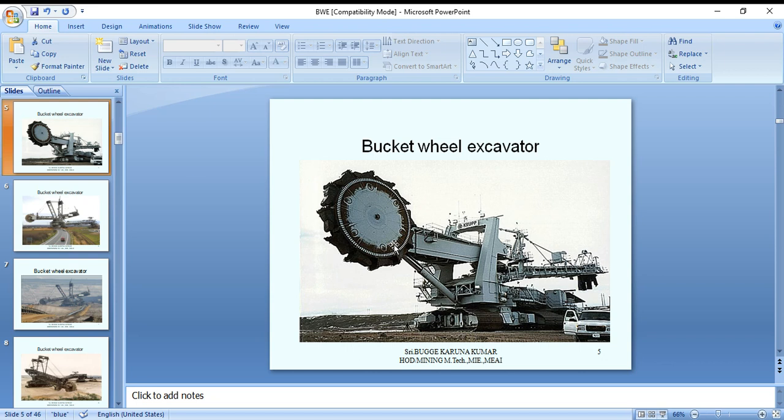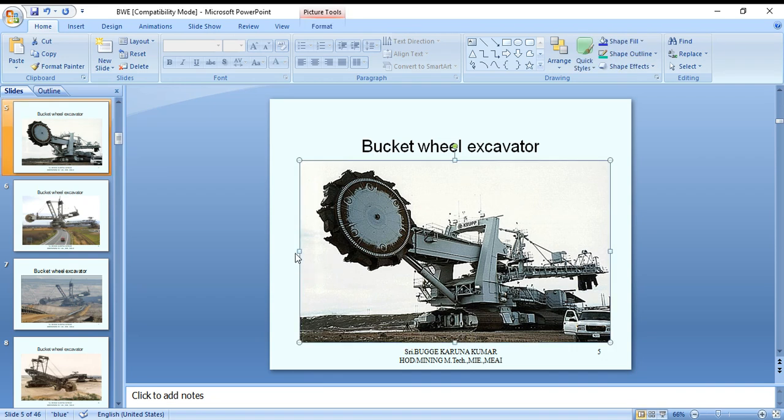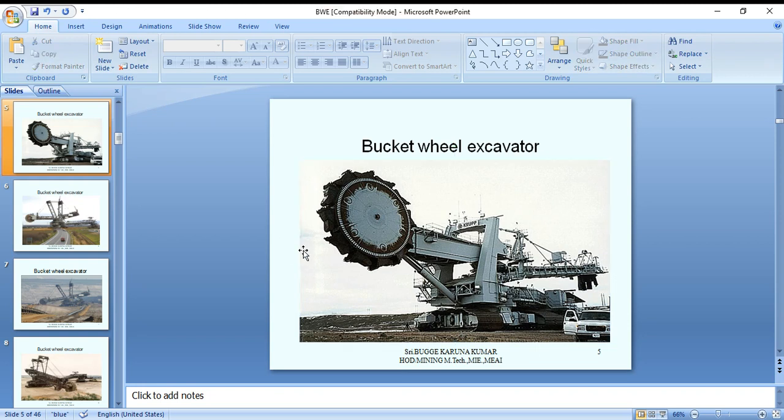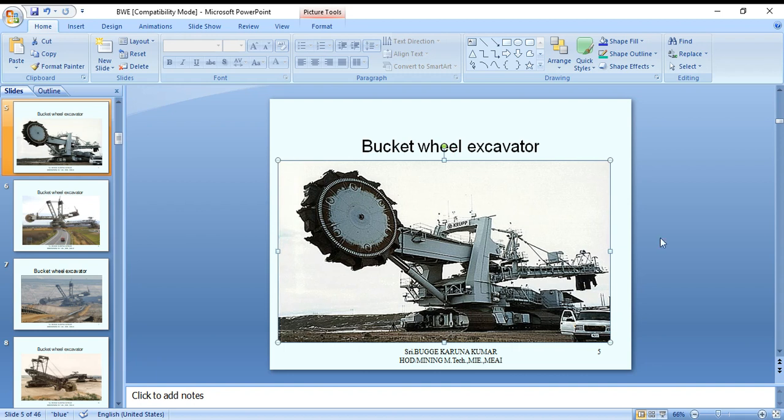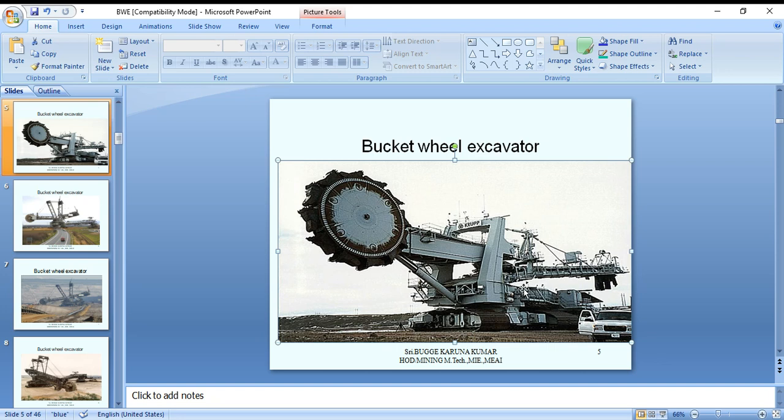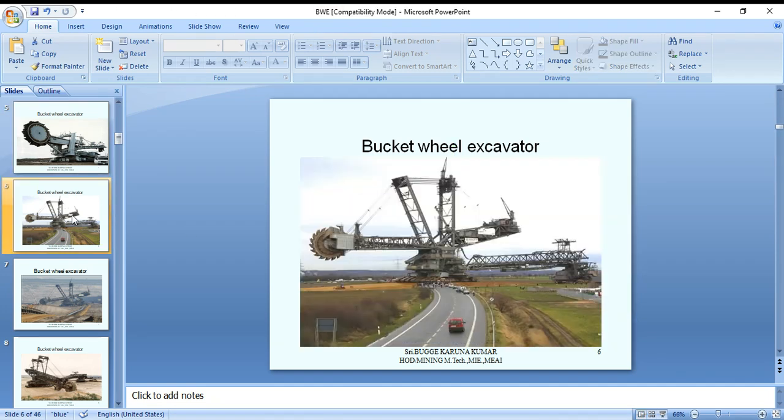See some more pictures in the coming slides. This is the surface arrangement and the most popular figure, the bucket wheel excavator, while being set up at the site.